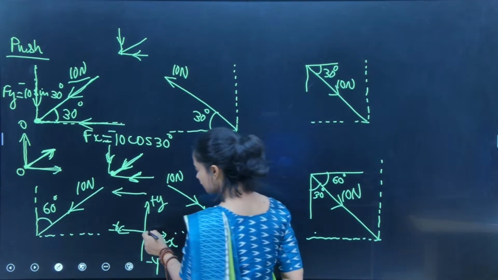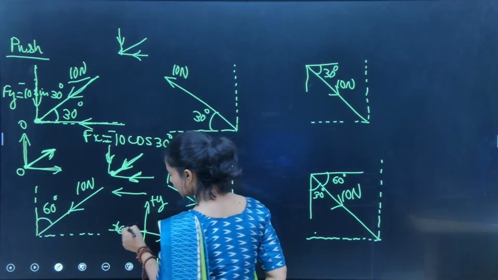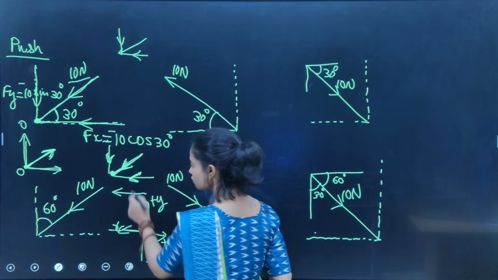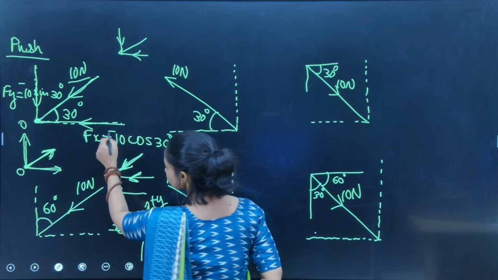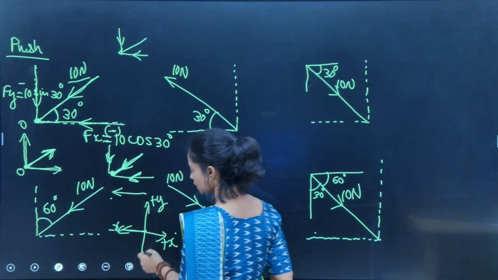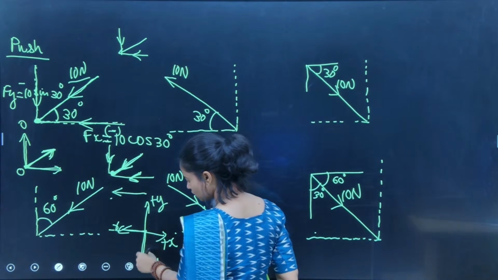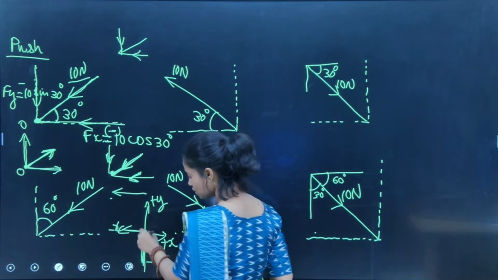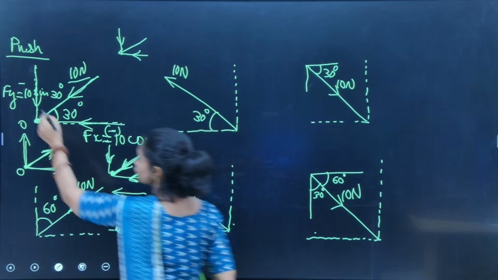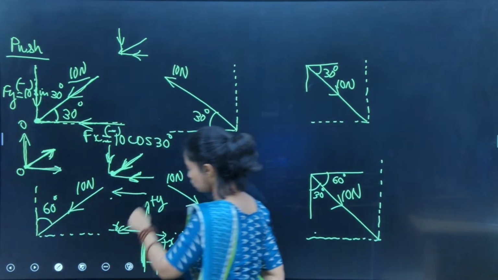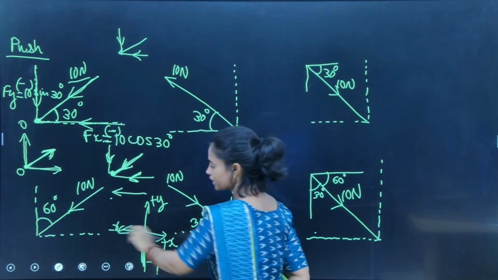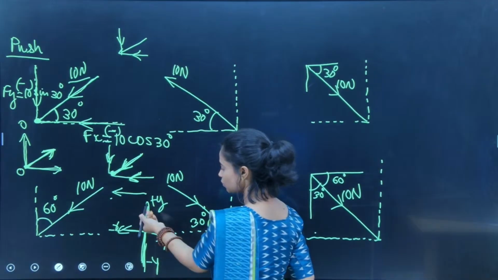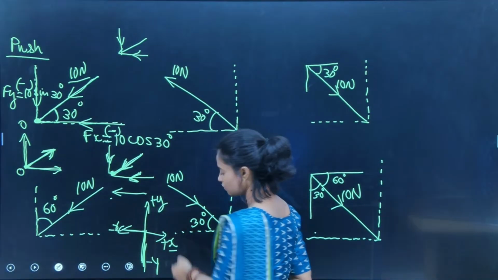So here the force is going towards negative x, so we take it as negative. That's what we have taken here. If the force is going downwards, towards the negative y-axis, we have to take it negative. Going downwards, negative. Going leftward, negative. Going upward, positive. Going rightward, positive.